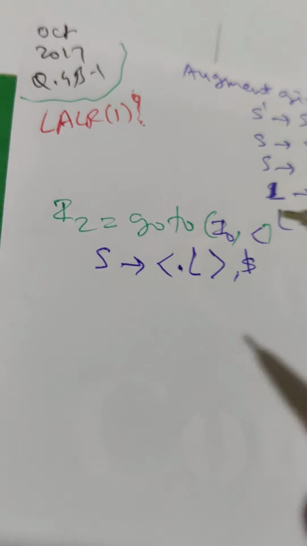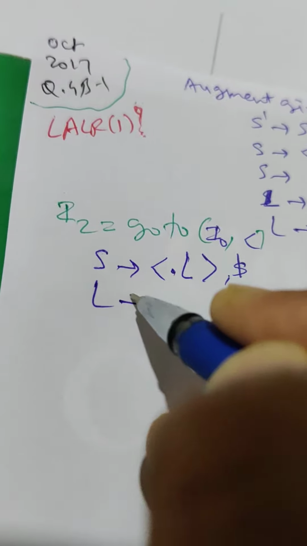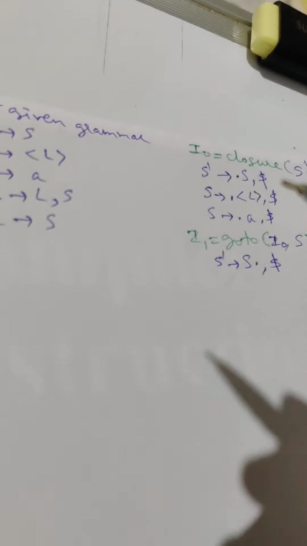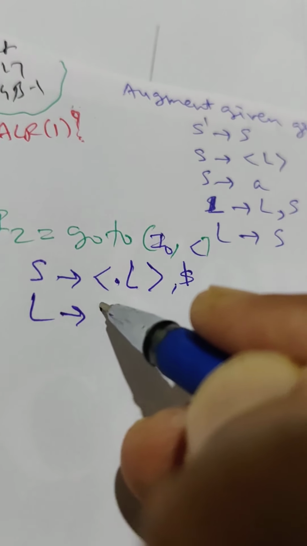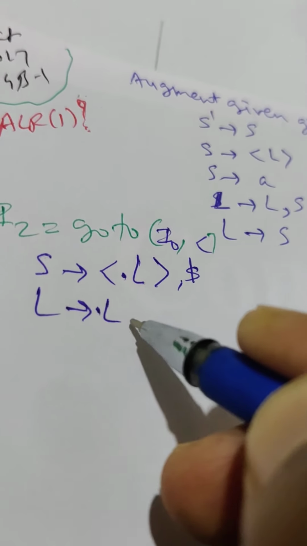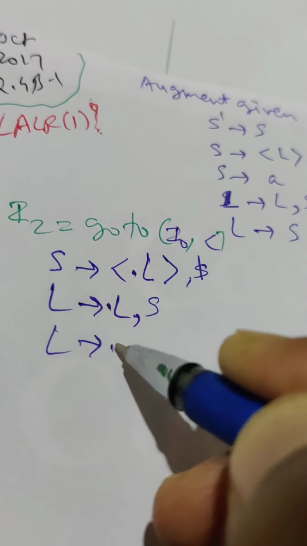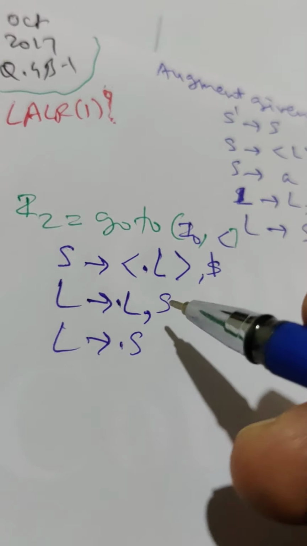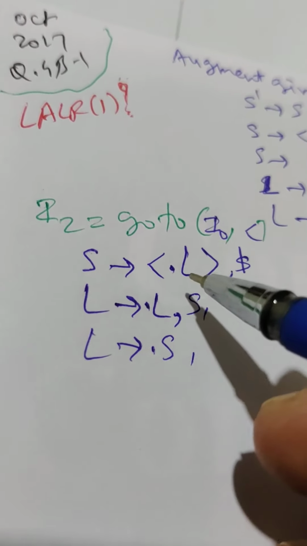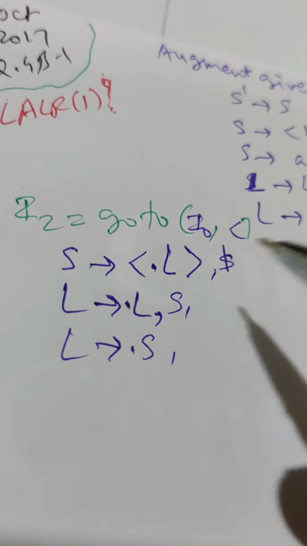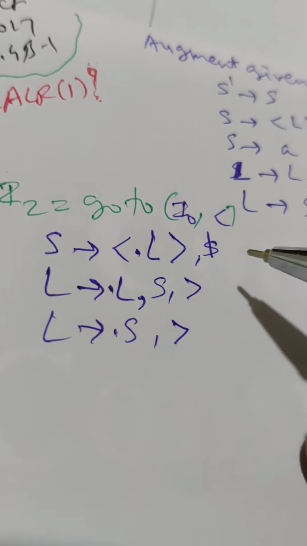Next, because of dot L we have to write the rules of L here: L goes to dot L comma S, and L goes to dot S. Now these rules are there because of L, and for this L, the lookahead is the closing bracket. So the lookahead for both rules will be the closing bracket.